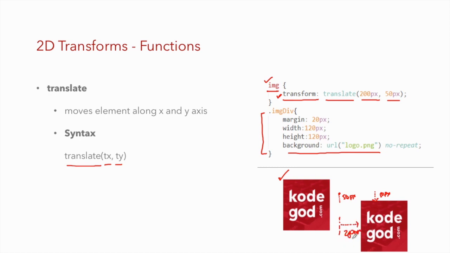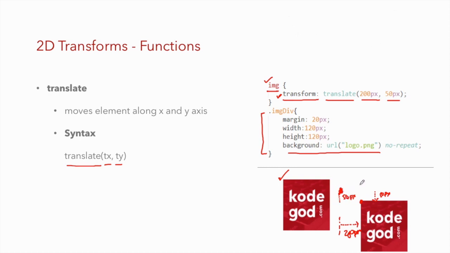So this becomes the new position or new point for this image. This is how the translation will happen. This particular point is nothing but 200 comma 50 pixels relative to the starting point that was here.